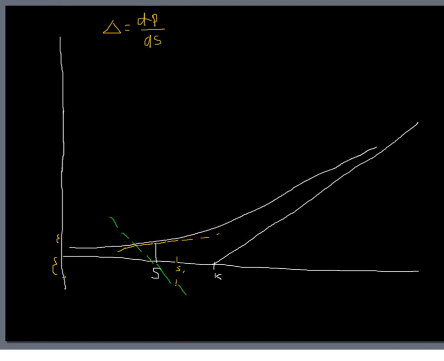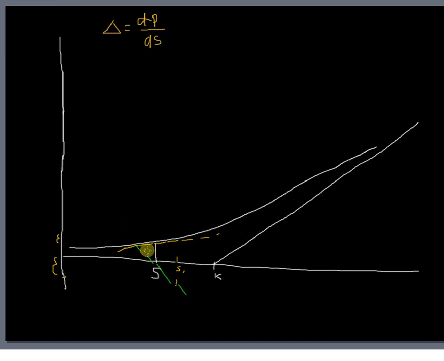Instead of actually shorting one lot of equity at S, let's try shorting the delta of the option at S of the equity. Let's do that and see what's the impact.